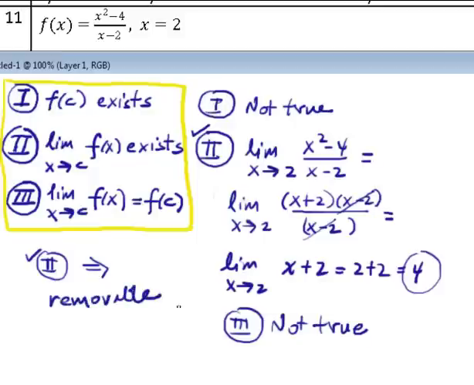So we have 1 not true immediately means it's not continuous. As long as one of these is not true, it's not continuous. So our function is not continuous at x equals 2, but it is removable.